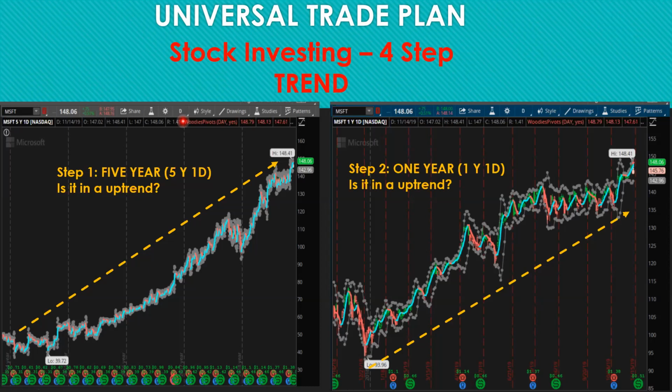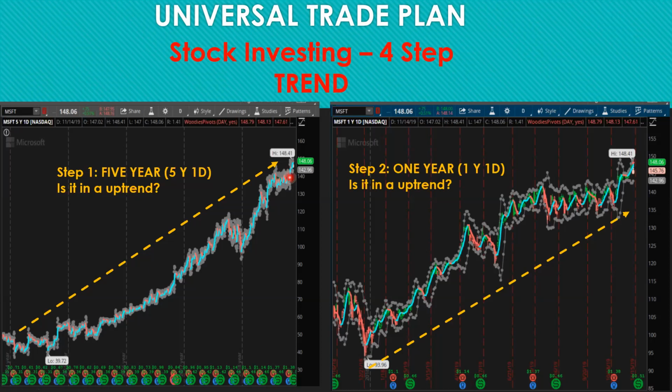And what you want to know is when you pull up that stock and you look at a 5-year trend, is that stock in an uptrend or is that stock in a downtrend? And so how would you know? If you pull up a 5-year for a stock and you see the price action start from the bottom left-hand side and go up to the top right-hand side, that's letting you know that particular stock is in an uptrend.